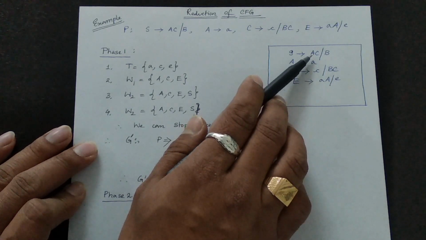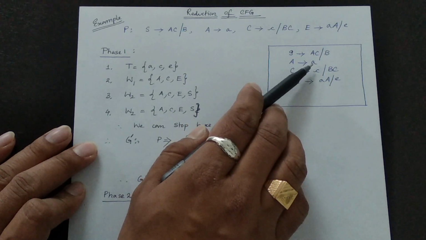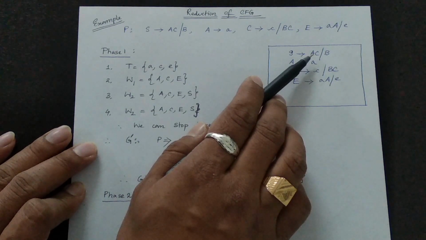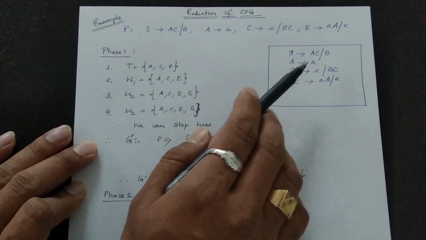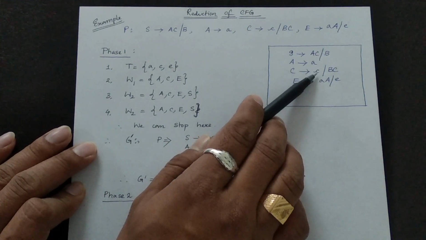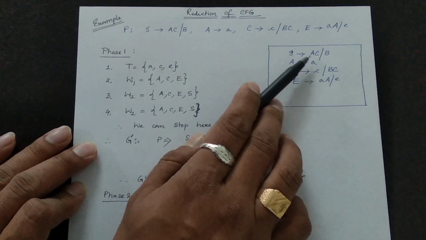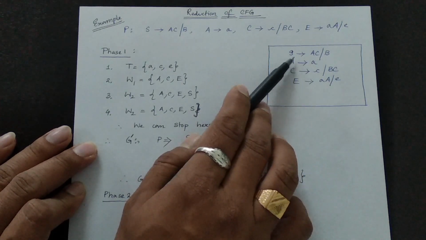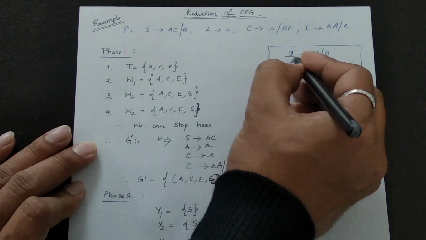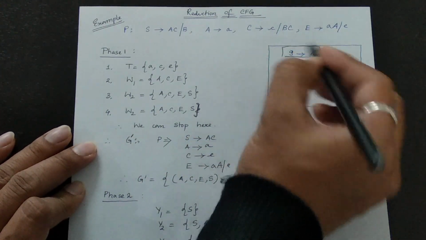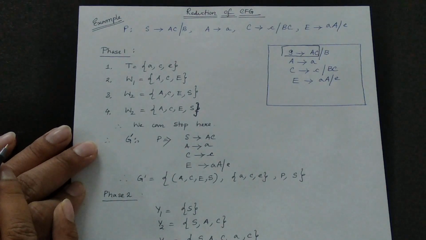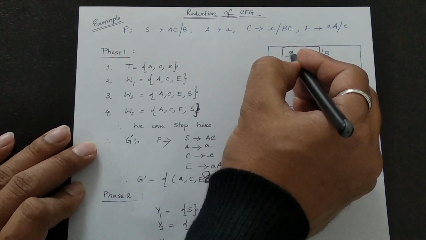So for A, I have a small letter A, so A is not useless, correct? Same way, for capital letter C, small letter C is there, so it cannot be useless. So these two are useful productions. So S tends to AC will remain as it is.